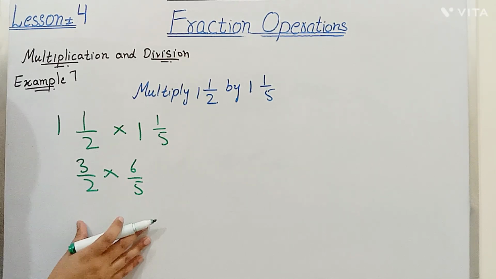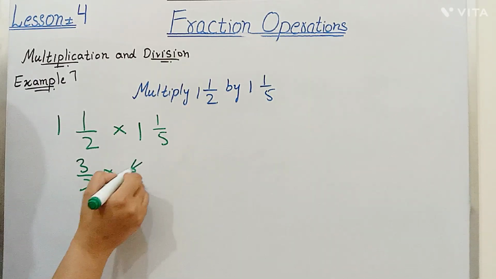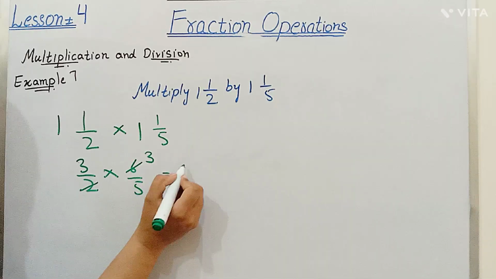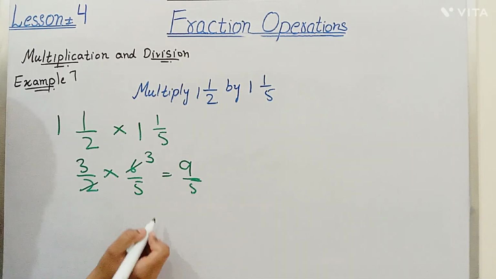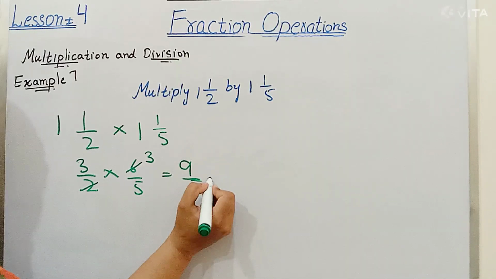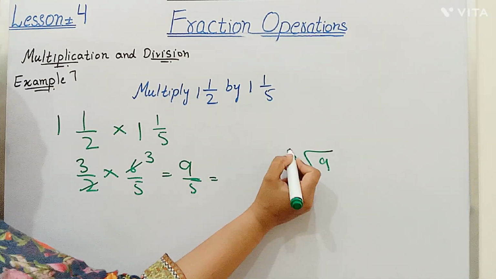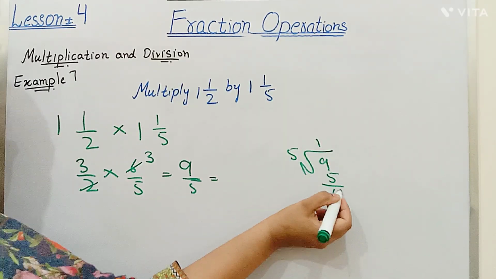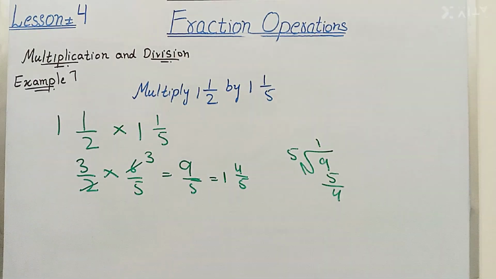Now we can simply multiply, but we can say 2 threes are 6. Now my final answer is 3 threes are 9 by 5. And in a mixed number, 9, 5 ones are 5, remainder is 4, 1 4 over 5.